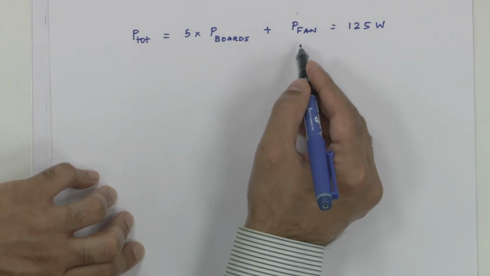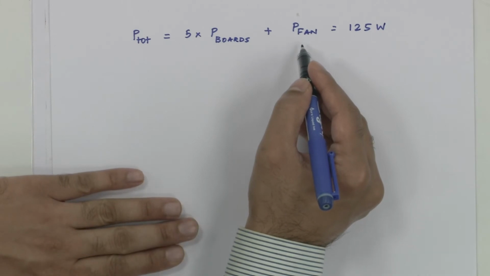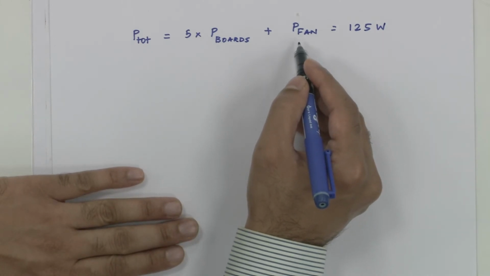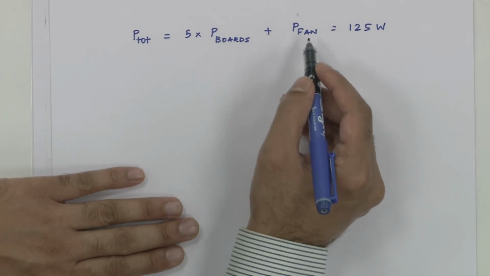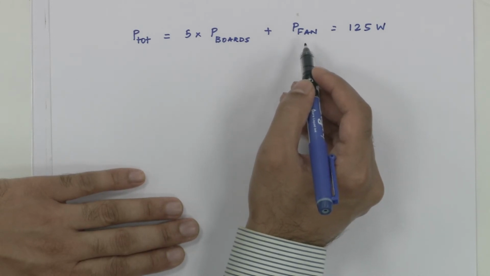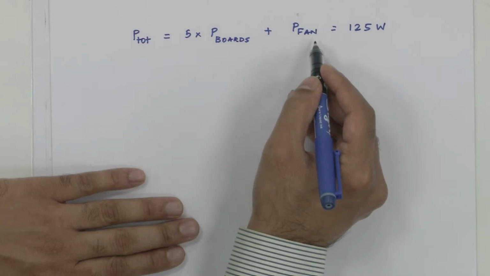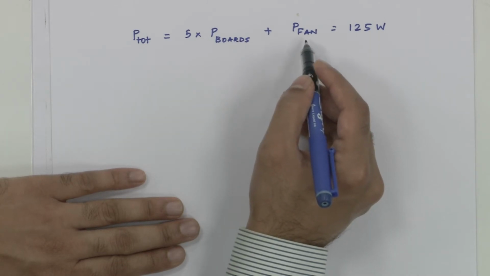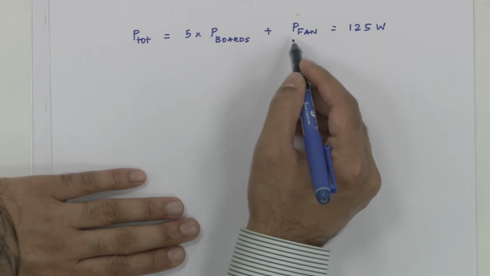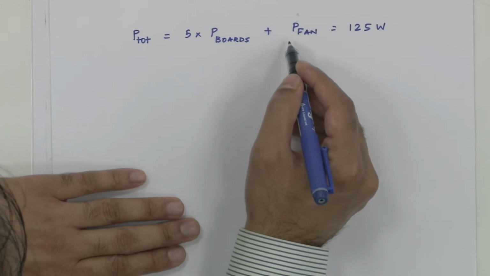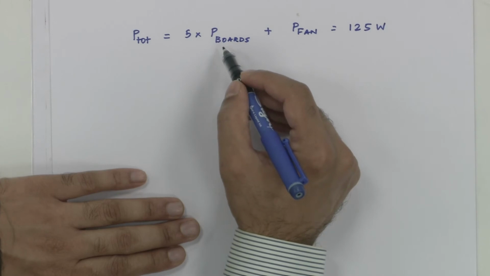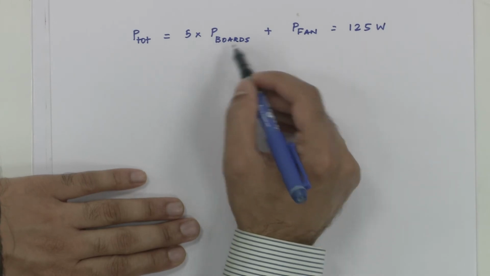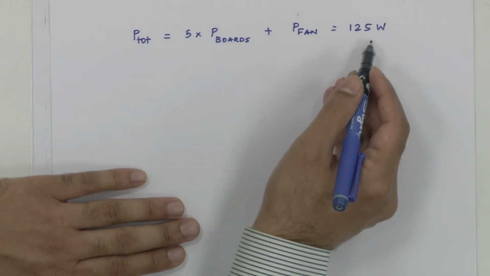An important assumption we make here is that all the power supplied to the fan ends up as heat, that all the power supplied to the fan is expended as heating to the airflow. So the 25 watts applied to the fan plus the 100 watts from all the boards gives us 125.